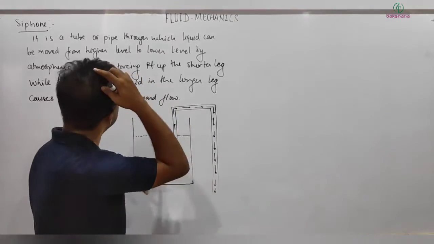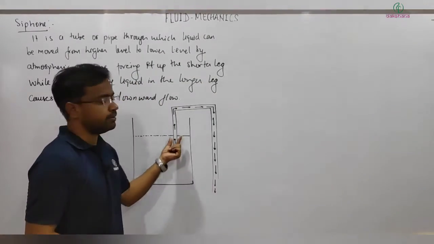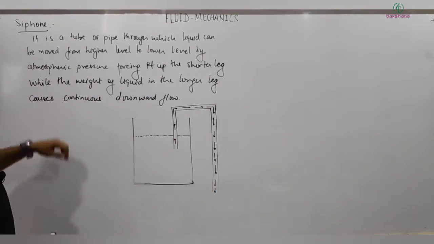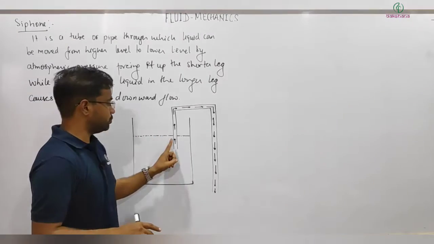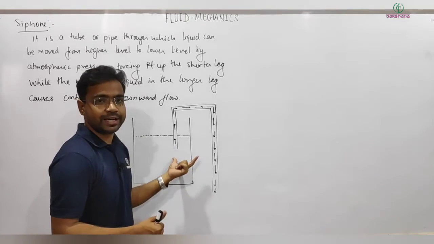So a siphon, we can define it as a tube or pipe through which liquid can be withdrawn from a higher level to a lower level. How? Once we understand the physics behind it, we will see how it exactly works.